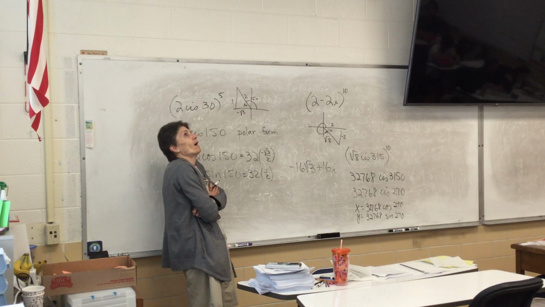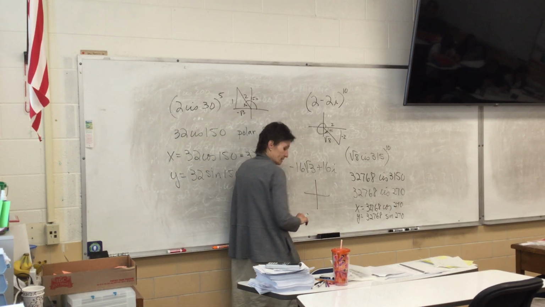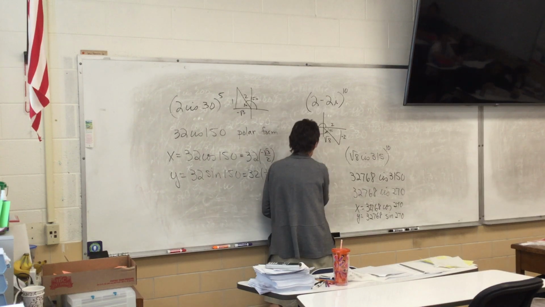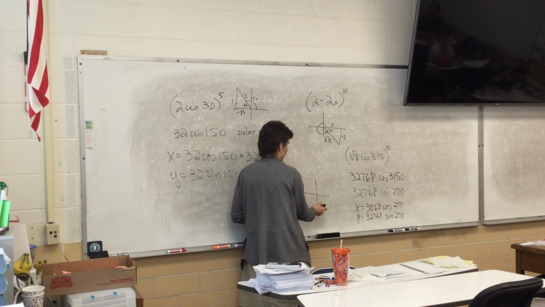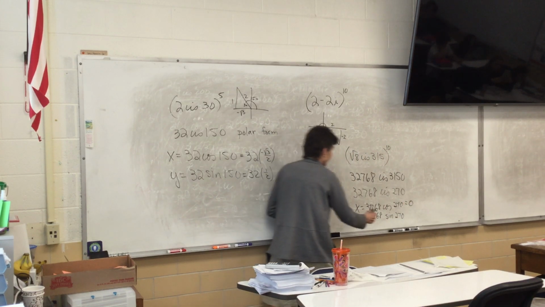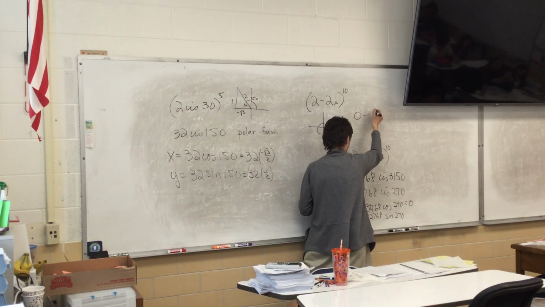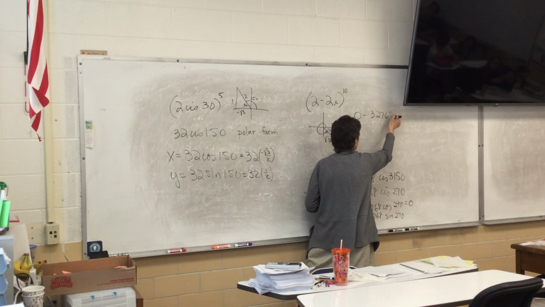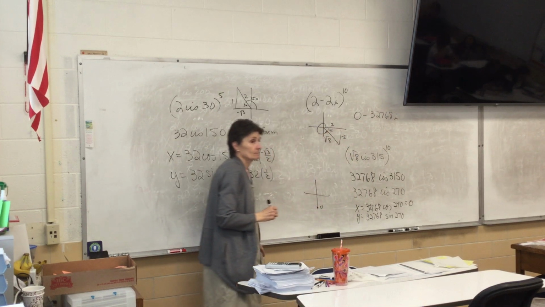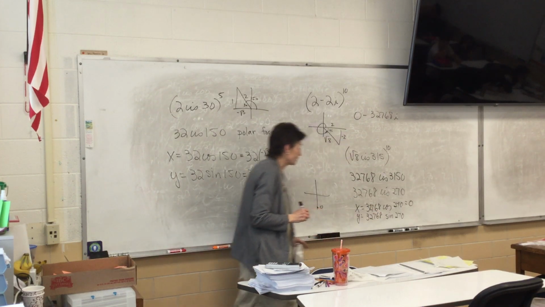Tell me about the cosine and sine of 270. Cosine is 0, and the sine is negative 1. So basically, don't I end up with 0 minus 32768 i? Because the sine is negative 1.